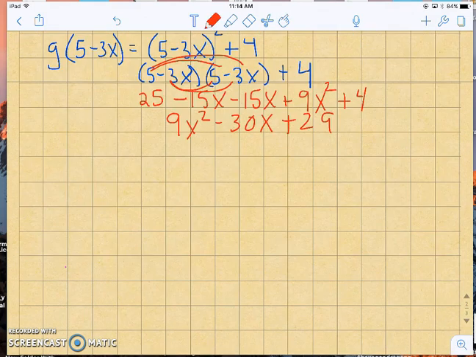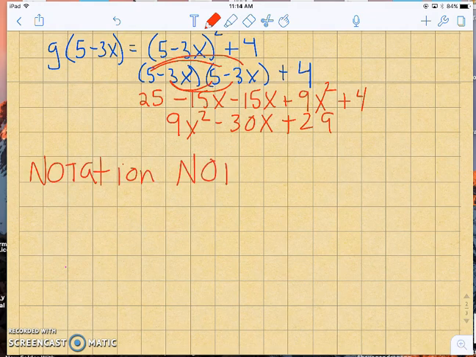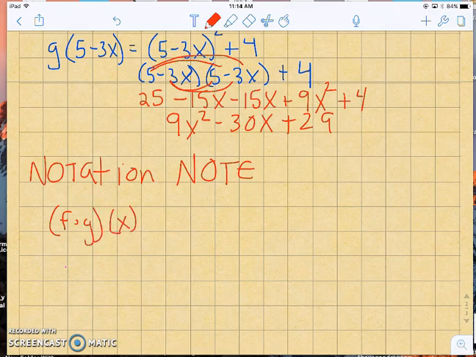Now one last thing, a quick notation note. Sometimes you'll see this notation, f circle g of x. This is a circle right there, and it looks like the fog of x. What it means is f composition g of x. That's the same as f of g of x.